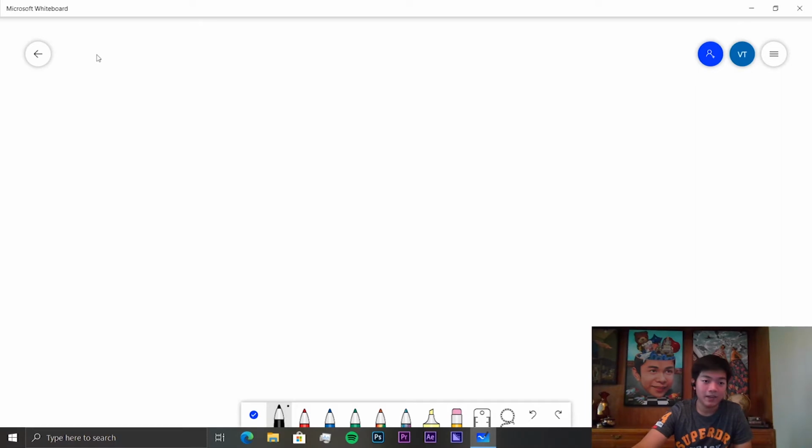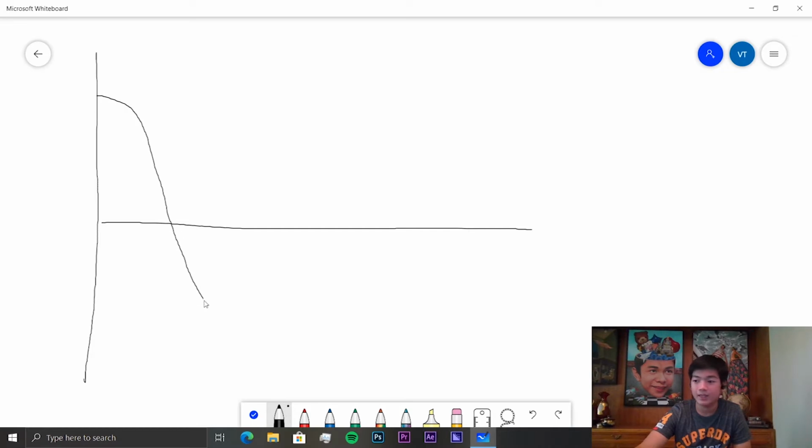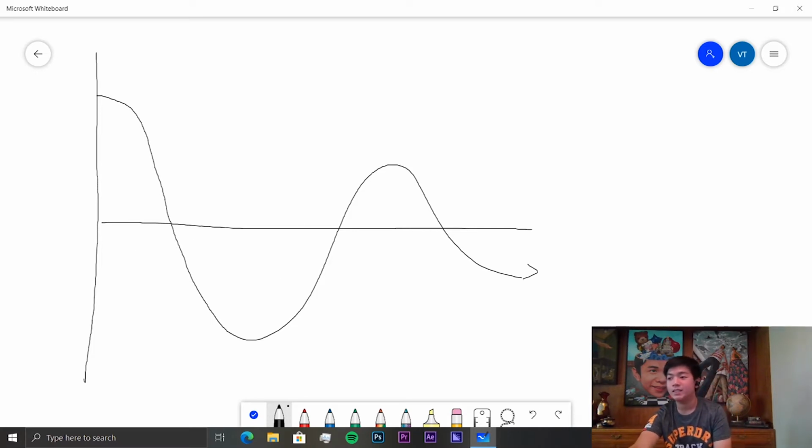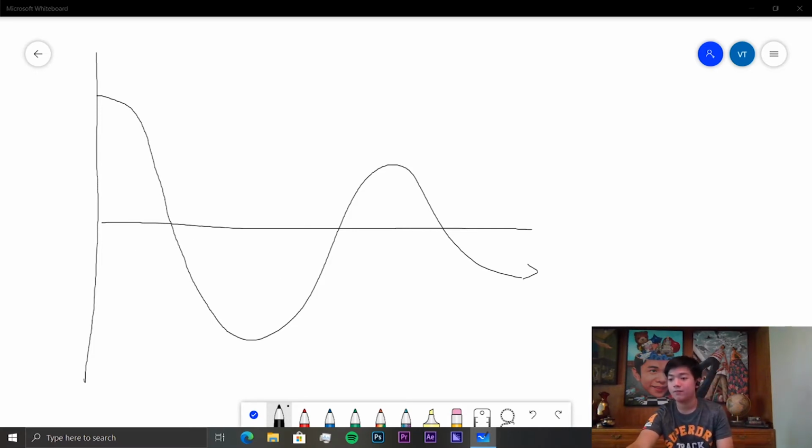So the first question we have, again, I'm doing the even ones today, is the graph. The derivative looks something like this. This is the derivative, and we need to sketch the original graph from this. Quite interesting, actually.